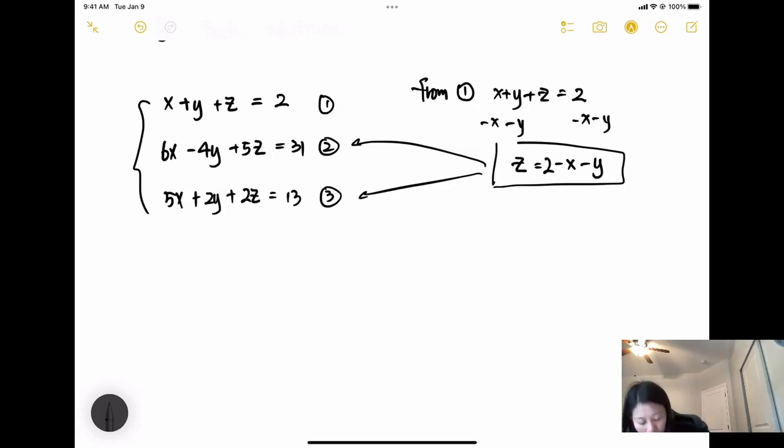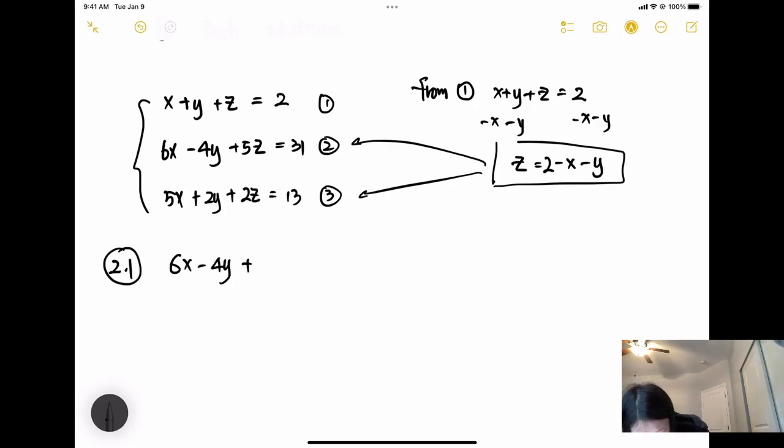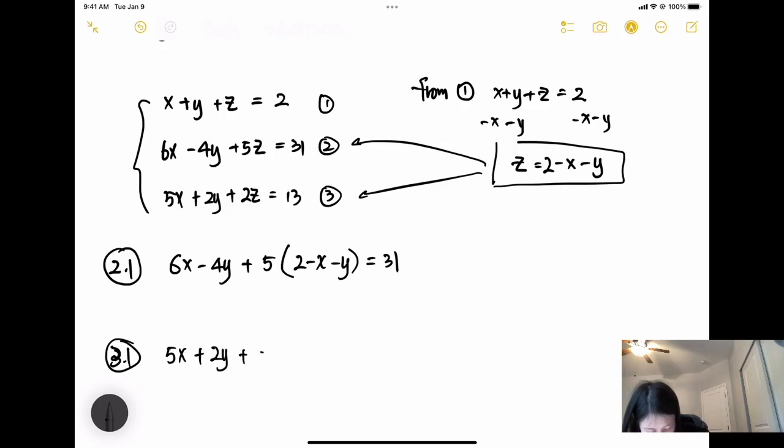So that means we will have a transformed second equation, which gives you what? 6x minus 4y plus 5 times (2 minus x minus y) equals 31. And then the transformed third equation: 5x plus 2y plus 2 times (2 minus x minus y) equals 13.